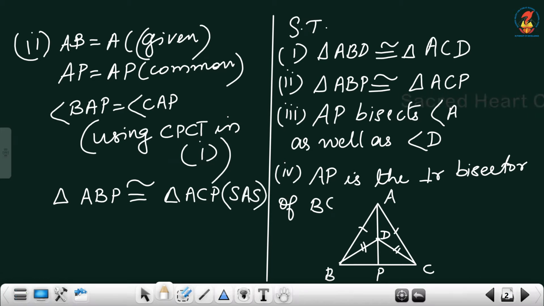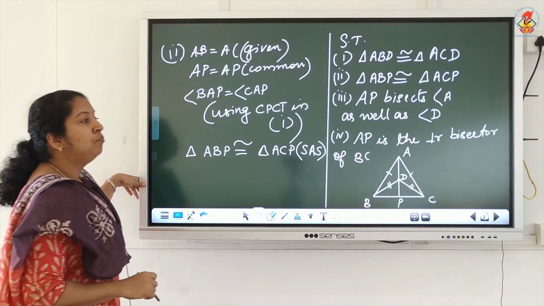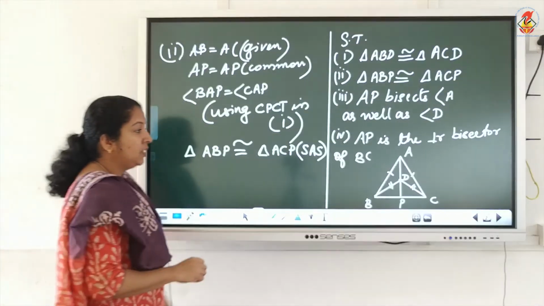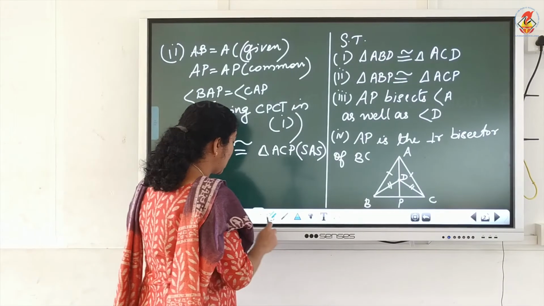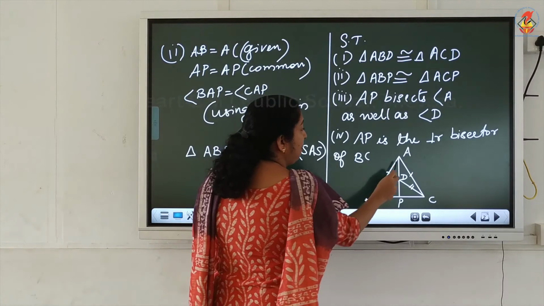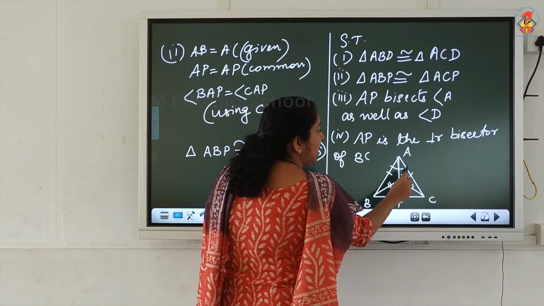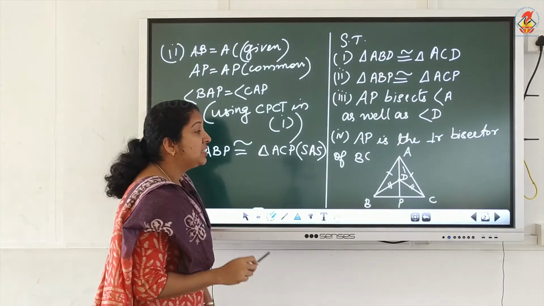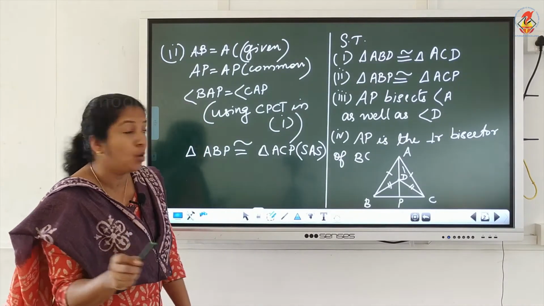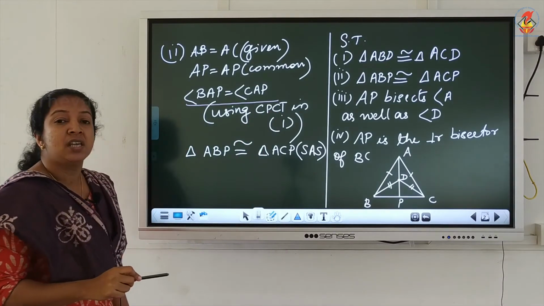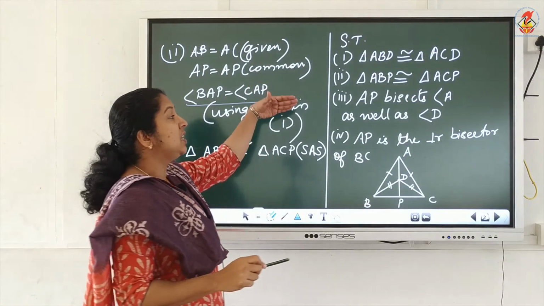Then third step, AP bisects angle A as well as angle D. See, AP bisects angle A means AP divides angle A into two equal parts. How? This is the reason. Angle BAP is equal to angle CAP using CPCT in 1.